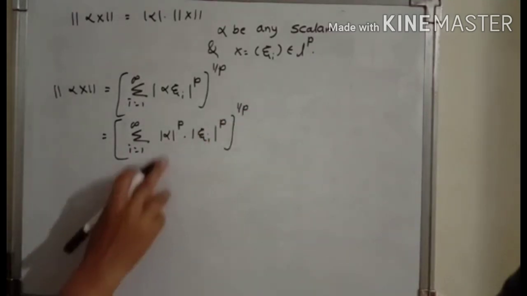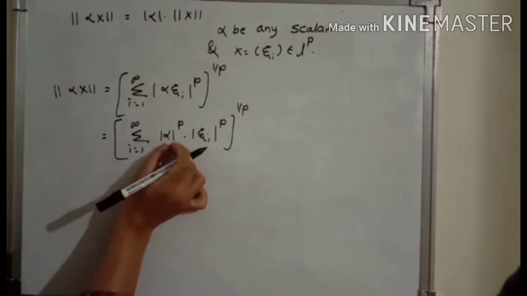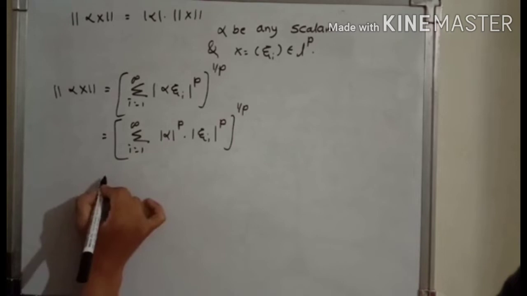Now here our alpha is independent of this i, and this summation is taken over i, and therefore as alpha is independent of i, we can take it out.